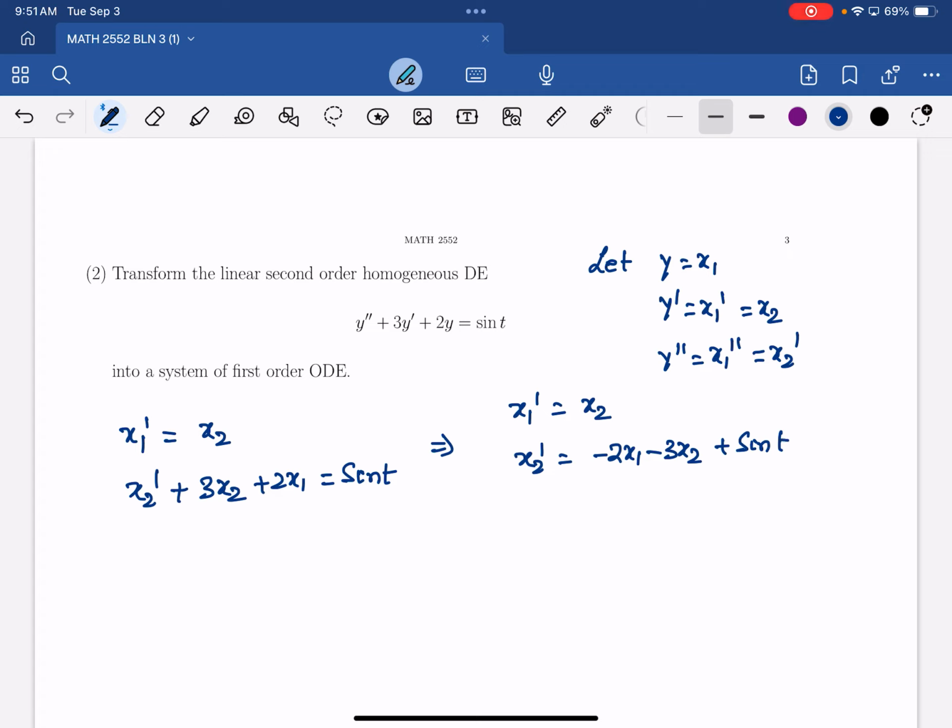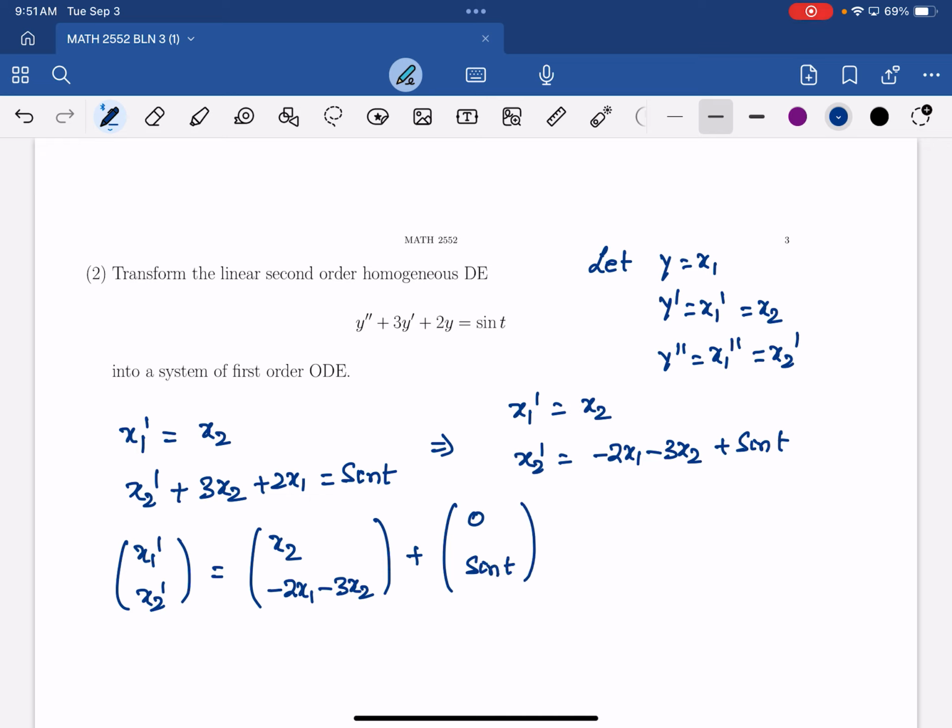Then you can write this as x1 prime, x2 prime. The vector on the left hand side has derivatives in it. Then you can write this as x2 and negative 2x1, negative 3x2, a vector with the unknown variables x1 and x2, plus the term with just the independent variable, 0 and sine t.